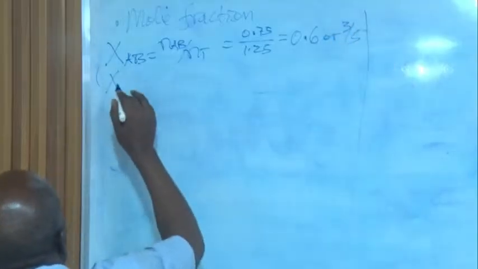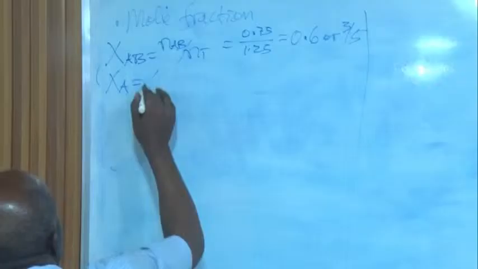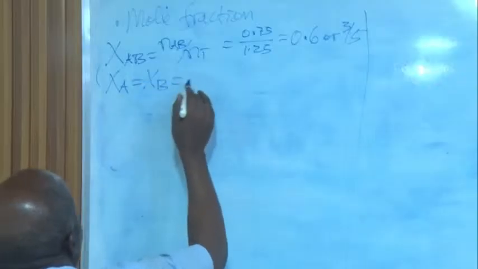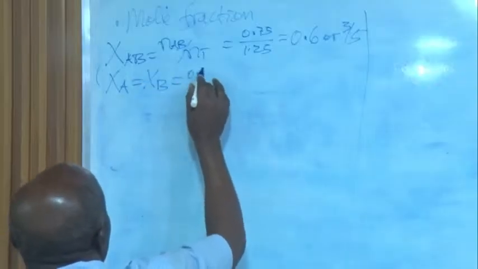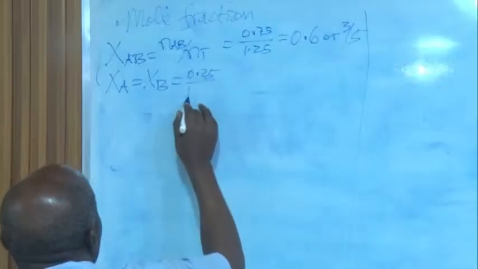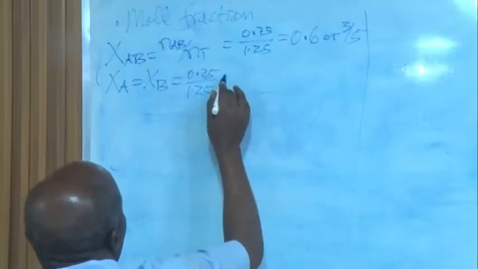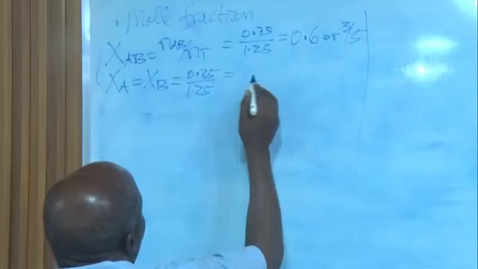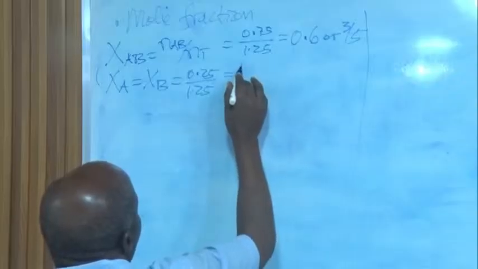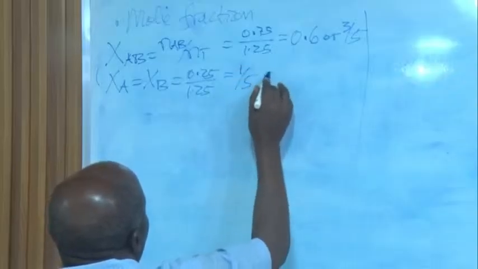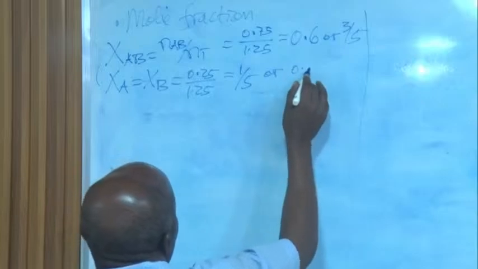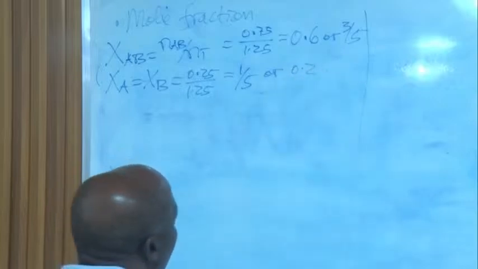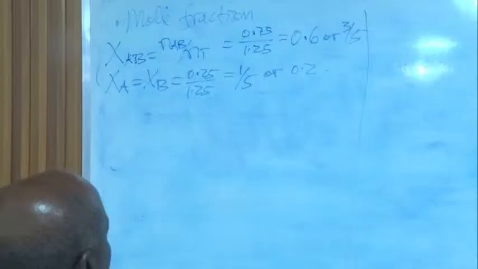Then the mole fraction of A is equal to the mole fraction of B, which is 0.25 divided by 1.25, giving 1/5, or 0.2. So these are the mole fractions.